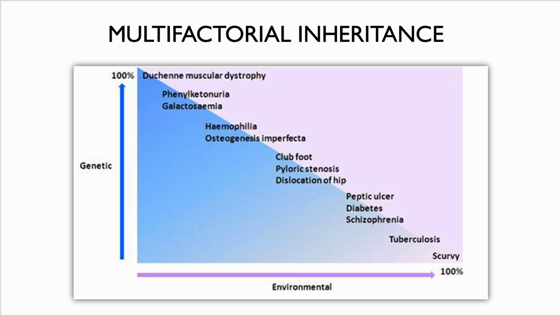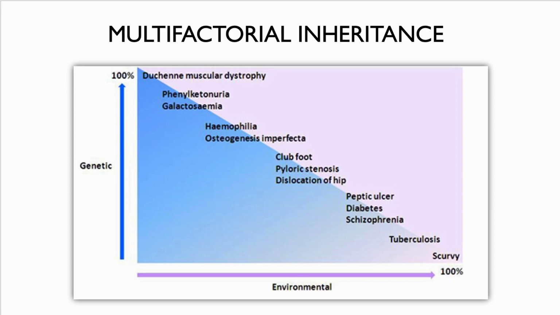Now, to finalize today, we have to talk about what we call multifactorial inheritance. Multifactorial inheritance is very important for clinical medicine. Not only human, I mean for veterinarians too. We are talking about clinical physiology.